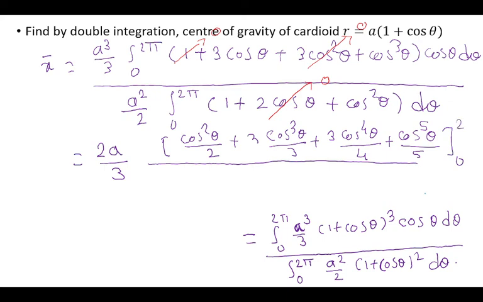Limits are 0 to 2 pi. Now the same thing for the denominator: the integral of 1, that is d theta, is theta, plus 2 cos square theta by 2, plus cos cube theta by 3, from 0 to 2 pi.